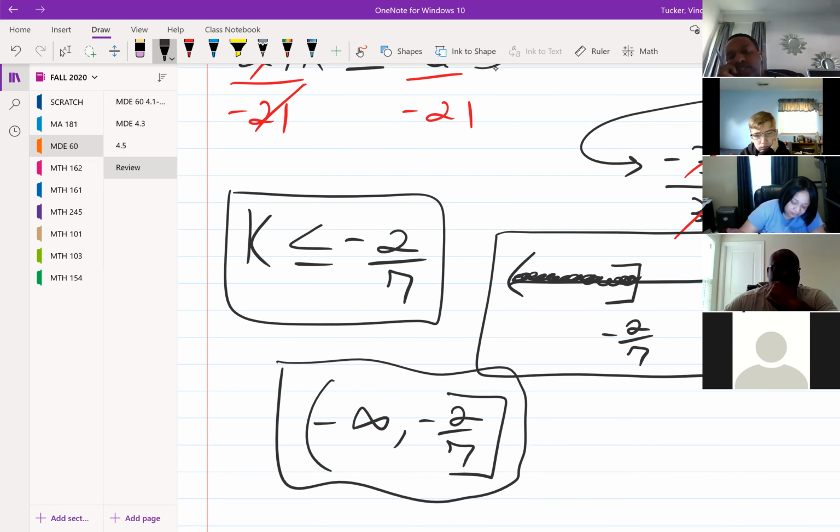So in the interval notation, negative infinity to negative 2/7.